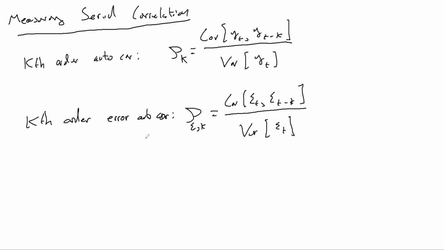So if the error autocorrelation is significant, then the model is not correctly specified.